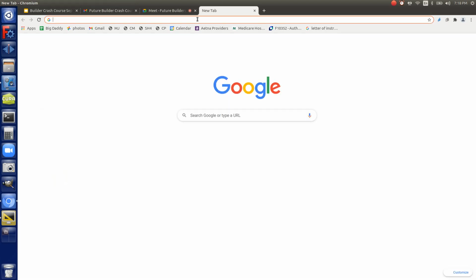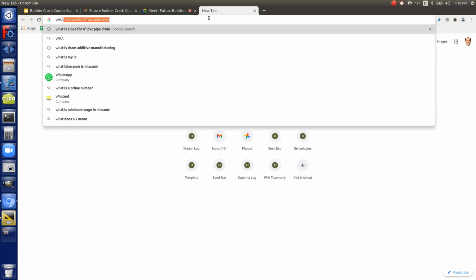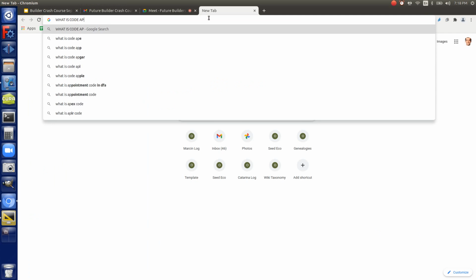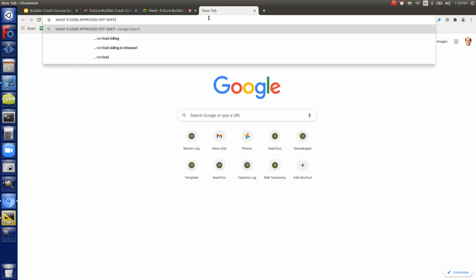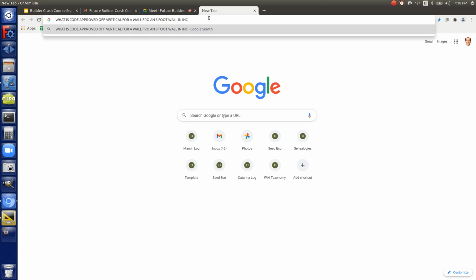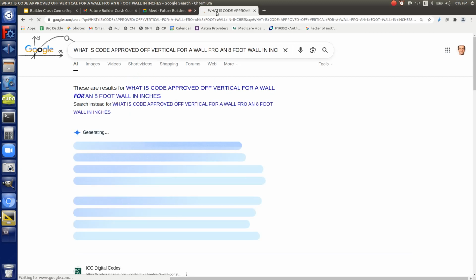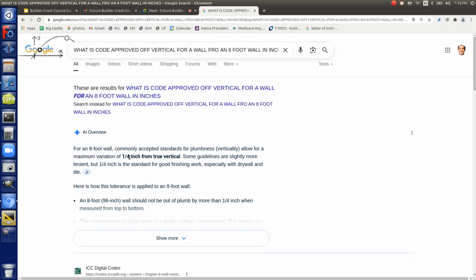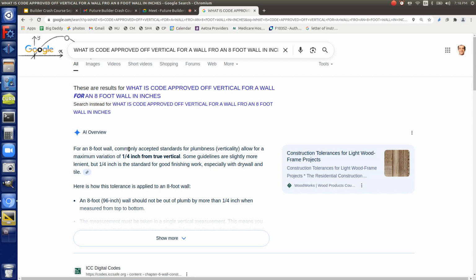What is the code-approved off-vertical for an 8-foot wall, in inches? What's the answer? Yeah, it's a quarter inch. And by code, you mean the International Code, IC?